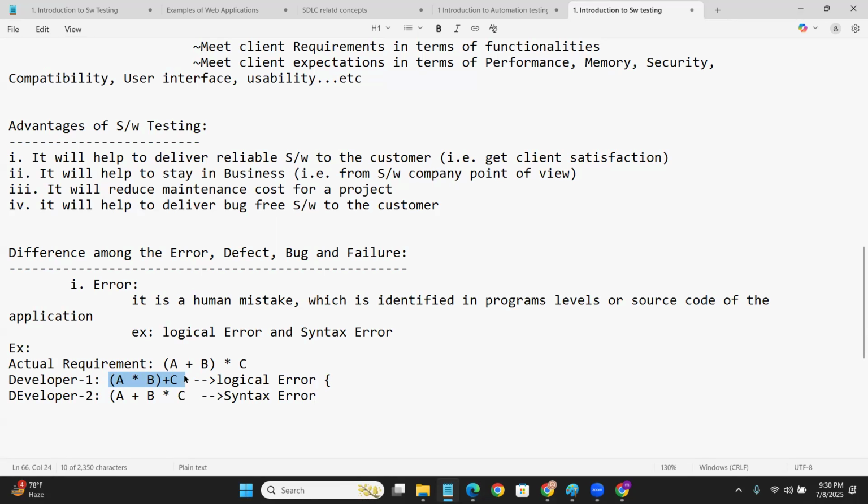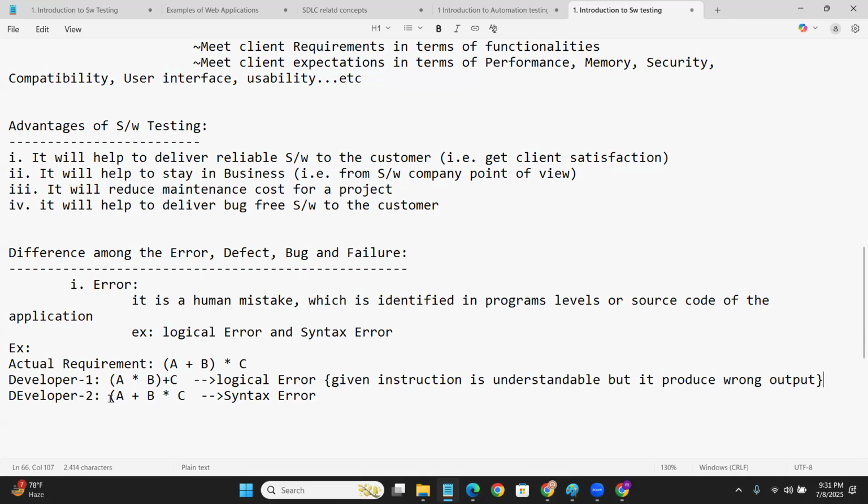But the problem is it will generate the wrong output for us. So the given instruction is understandable, but it produces wrong output. These we call logical errors.